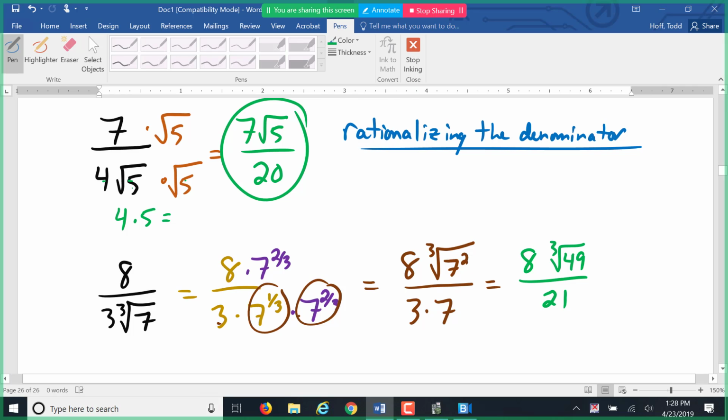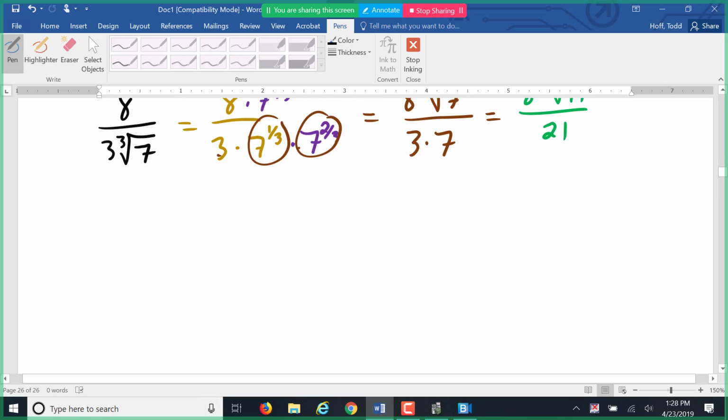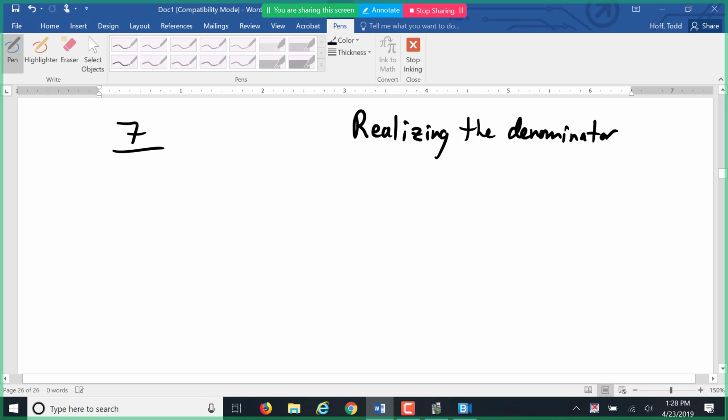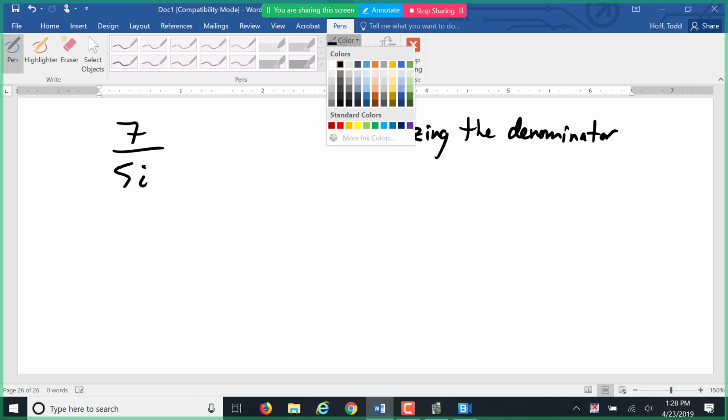A similar thing happens with our imaginary numbers. We have to do something called realizing the denominator. So we might have 7 over 5i.